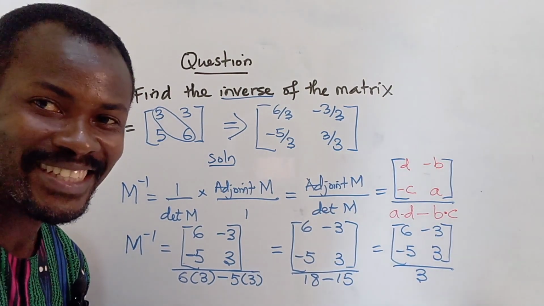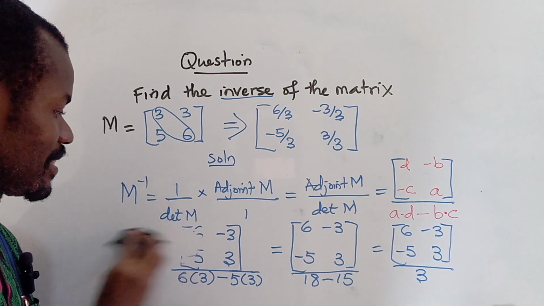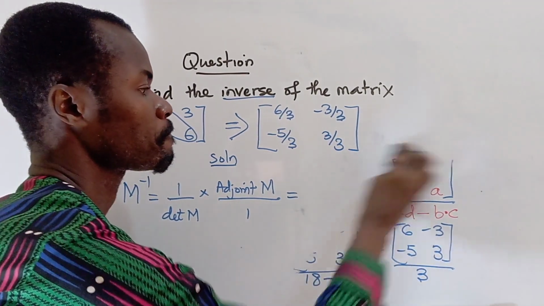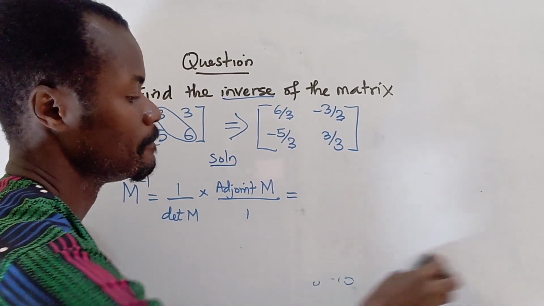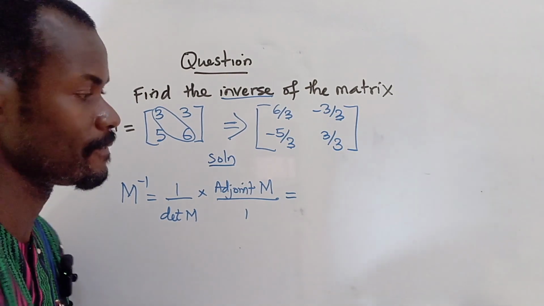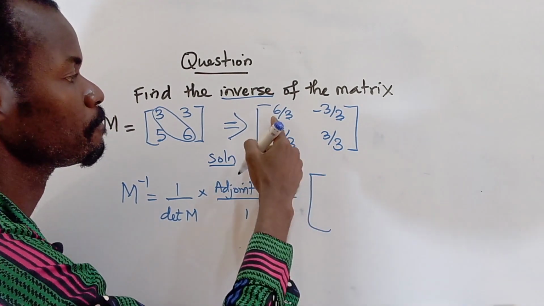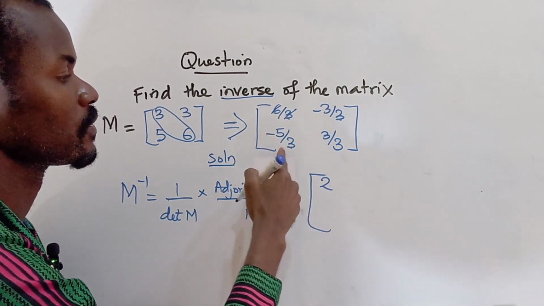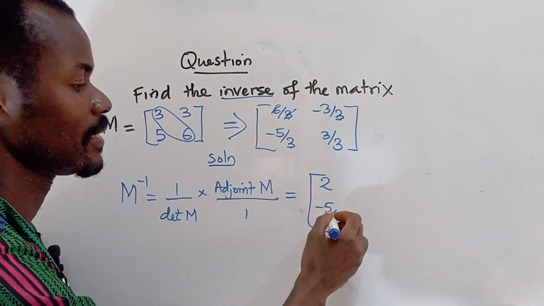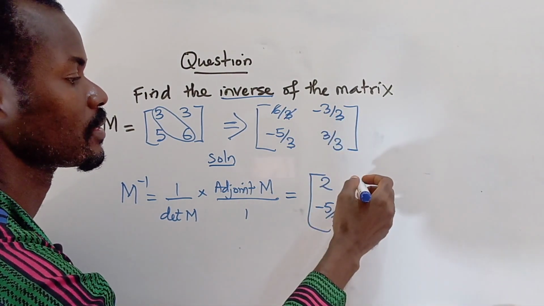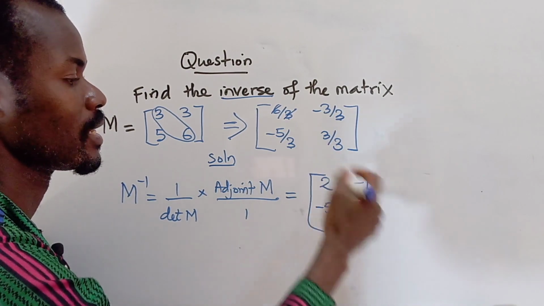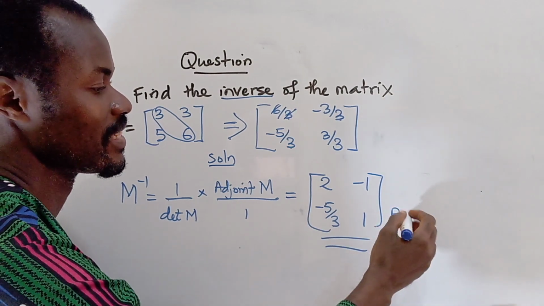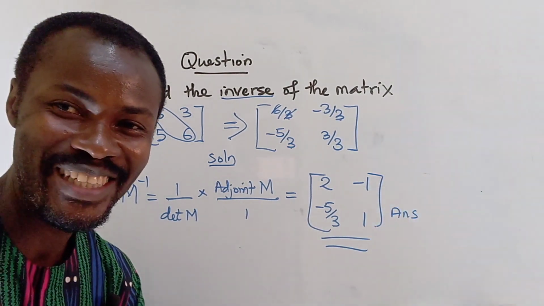So what would that give us as the answer to this simple problem? Let's divide them to see. 6 divided by 3 is 2, minus 5 over 3, we can leave it like that. 3 will cancel out 3 is minus 1. 3 will cancel out 3 is 1. So this gives us the solution to this simple problem.